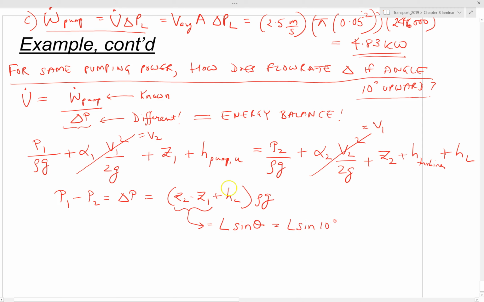Right? What about HL? We have calculated it above. It's equal to delta P L over rho G. It's equal to 20.03 meter.